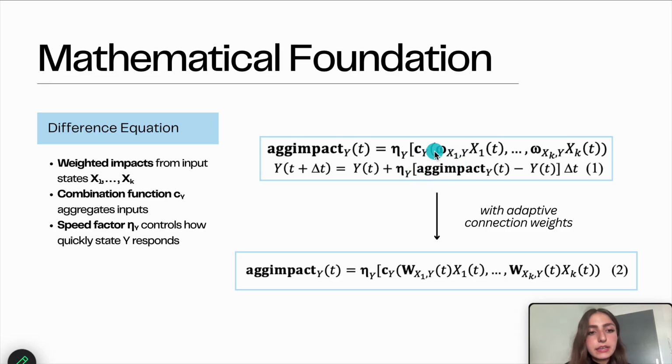This is aggregated through the use of combination functions, cY here, and the speed factor eta controls how quickly this state Y responds to these influences. Now, when connection weights become adaptive, equation 1 transforms to equation 2, and instead of fixed weights, we have these dynamic W states that change over time.